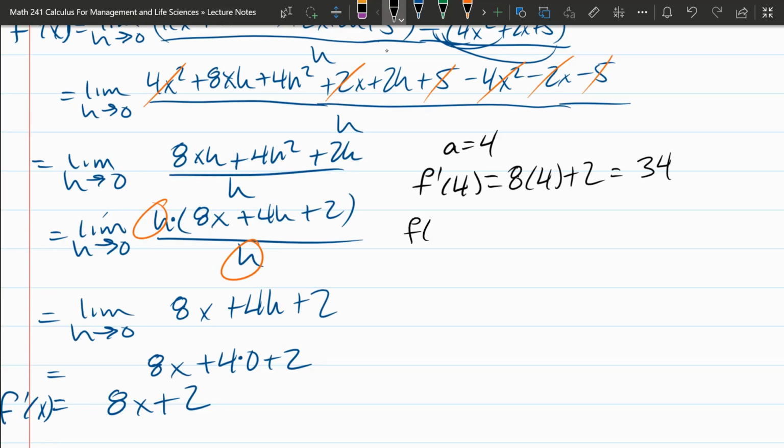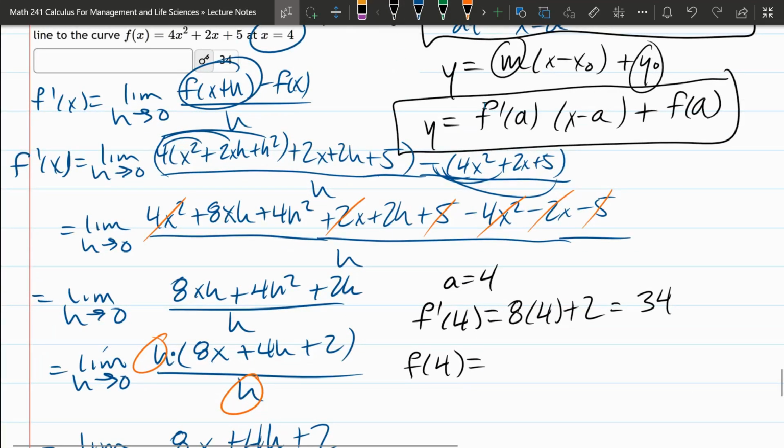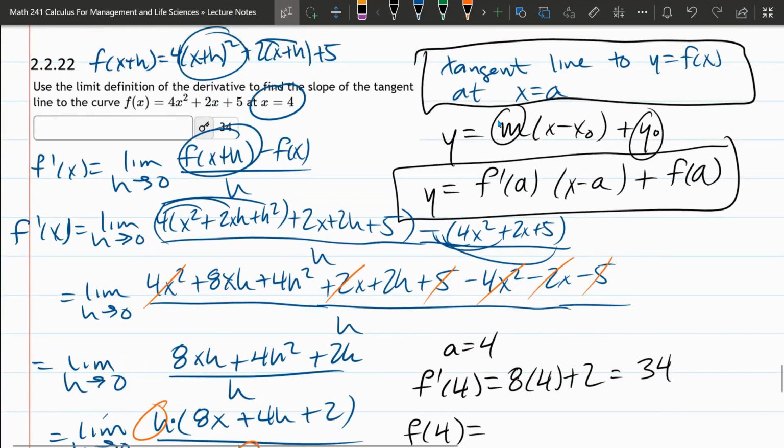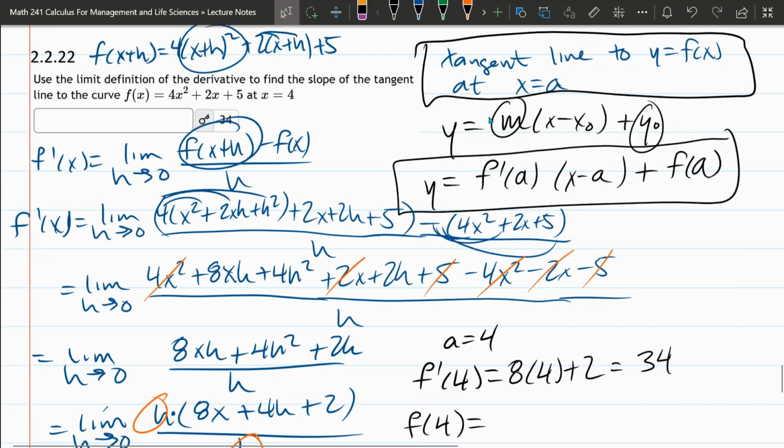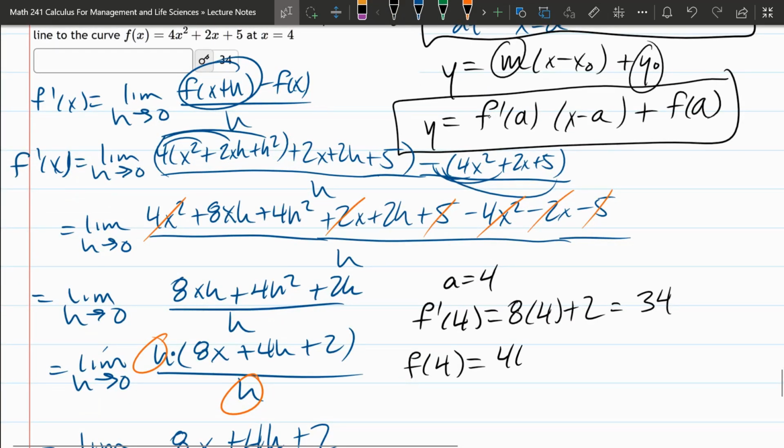We also need regular f of 4. So that's the original at the very top of the screen up here. We have our original f of x. So I'm plugging in 4 there. So f of 4. 4 times 4 squared plus 2 times 4 plus 5.